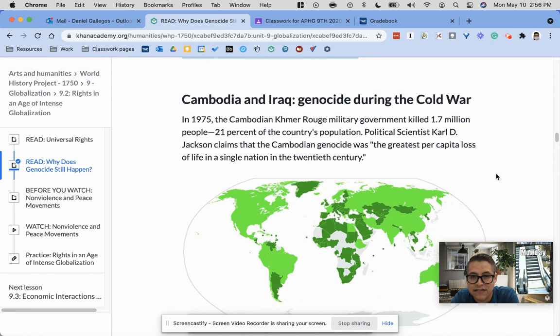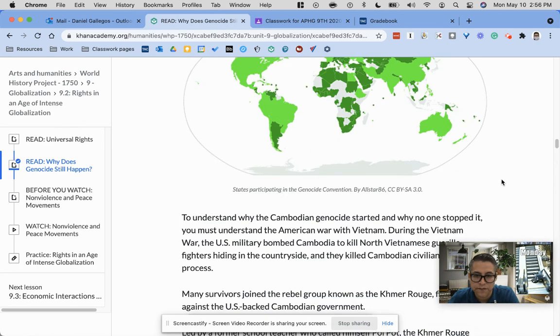That's amazing. Political scientist Carl D. Jackson claims that the Cambodian genocide was the greatest per capita loss of a single nation in the 20th century. In other words, that government killed more people than any other nation in the 20th century. That's unprecedented, guys. This is like historic.